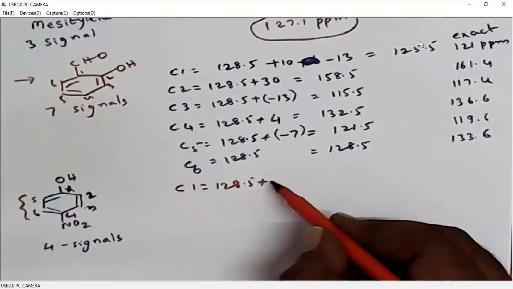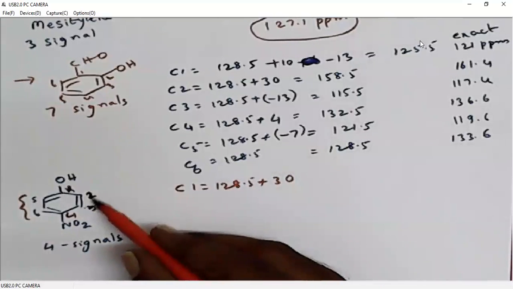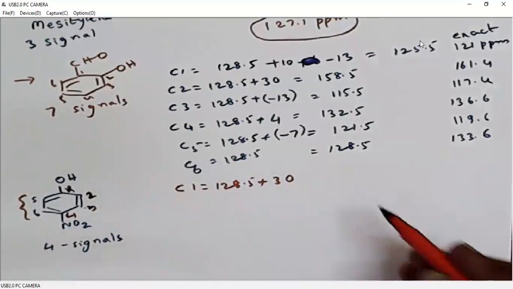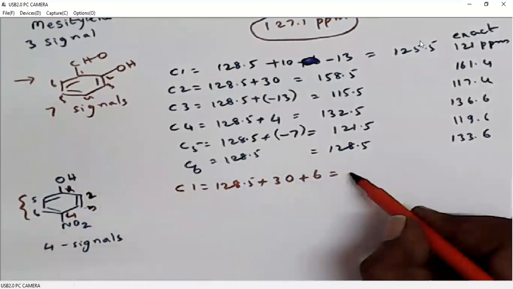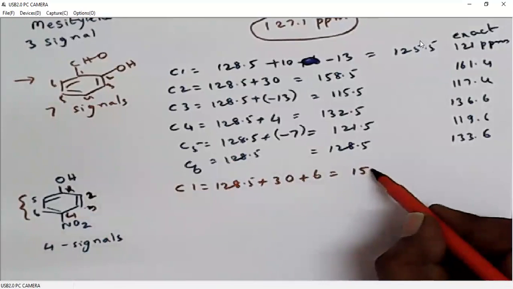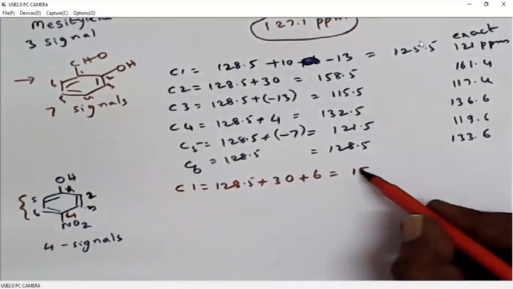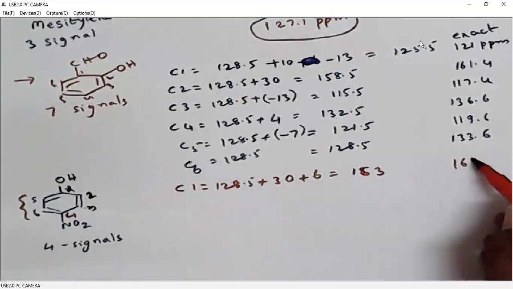OH at alpha position, so add 30. We don't have anything at ortho and meta. Para, we have nitro group. Nitro, we can add 6. So it is 163. Exact value is 161.5.